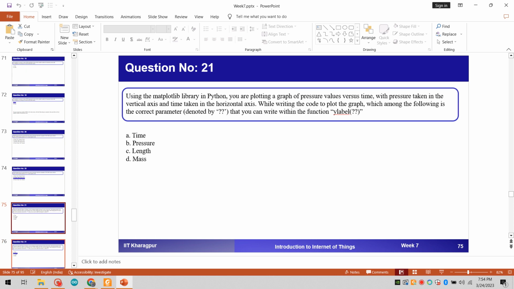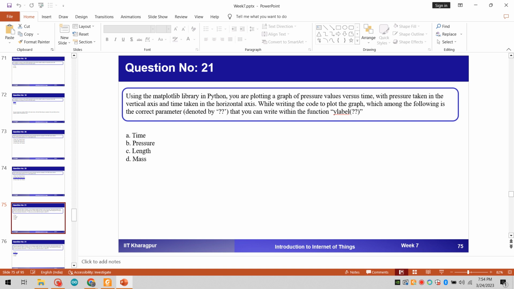Next question is, using the matplotlib library in Python, you are plotting a graph of pressure value versus time, with pressure taken in the vertical axis and time taken in the horizontal axis. While writing the code to plot the graph, which among the following is the correct parameter that you can write within the function ylabel? Time, pressure, length, mass.